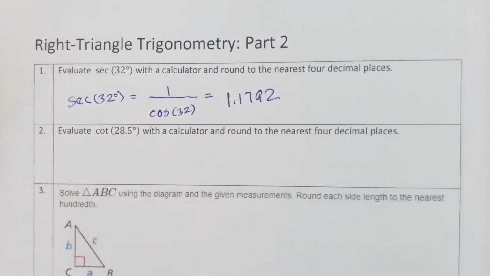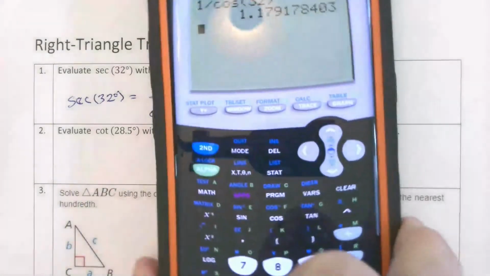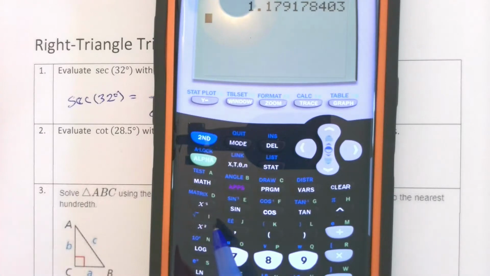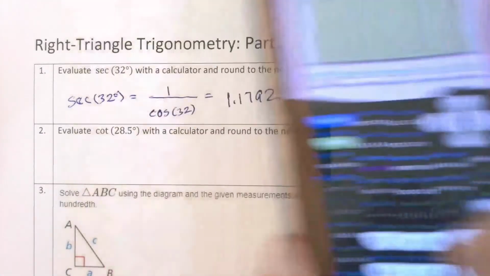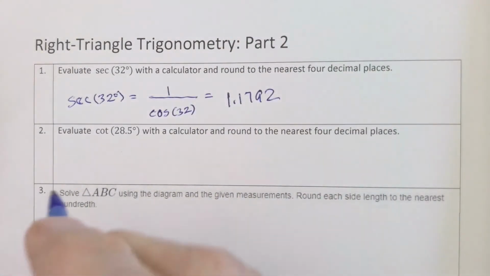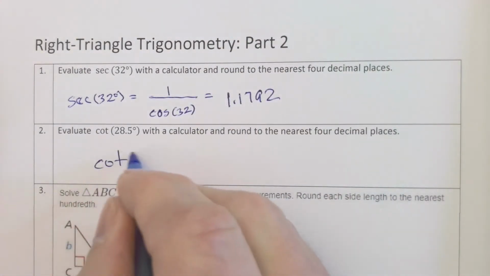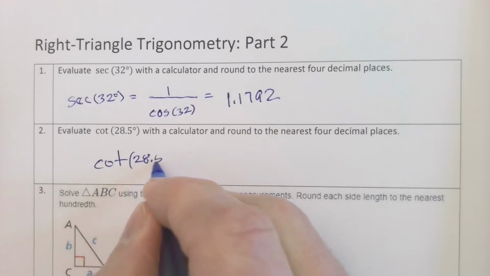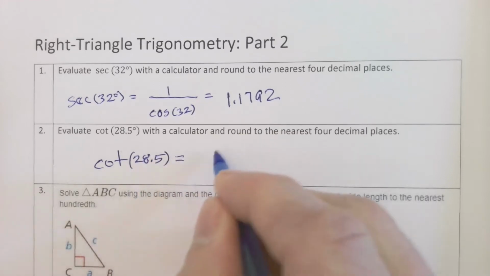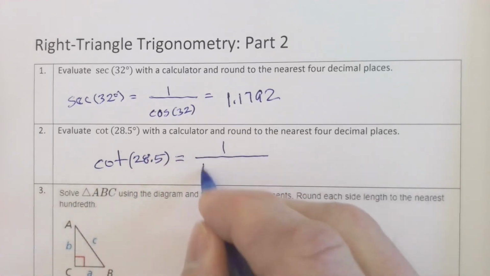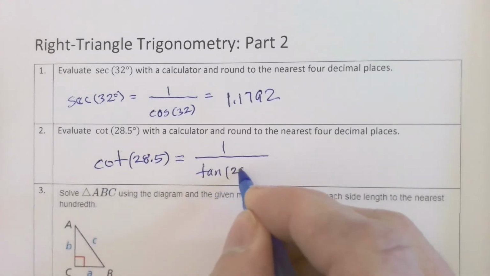This second problem is similar in that it asks you to find a cotangent. There is no cotangent button, there is only sine, cosine, and tangent. But if you know cotangent is 1 over tangent, then you can solve this problem. Cotangent 28.5 degrees is 1 over the tangent of 28.5 degrees.